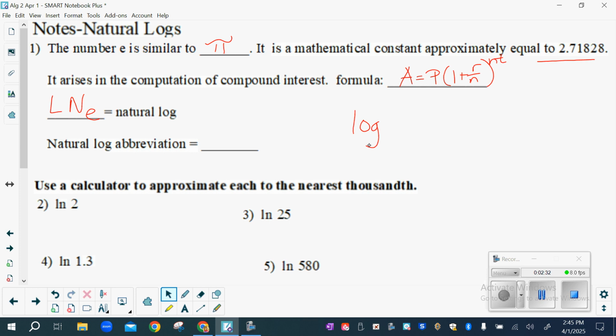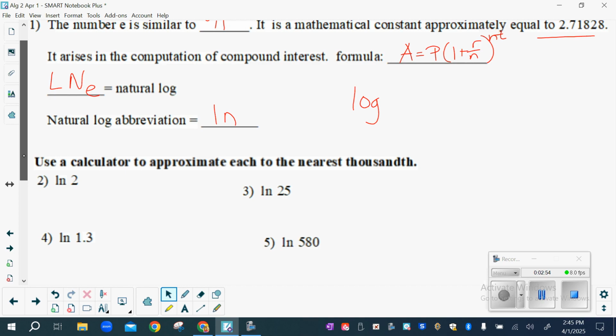So when we do a natural log, we don't write the base. We just write lowercase l, lowercase n. So ln means it's a natural log. It's assumed to have a base of e, just like log has a base of 10.